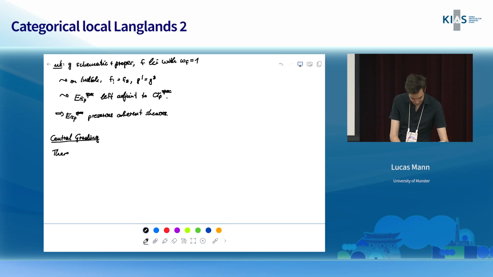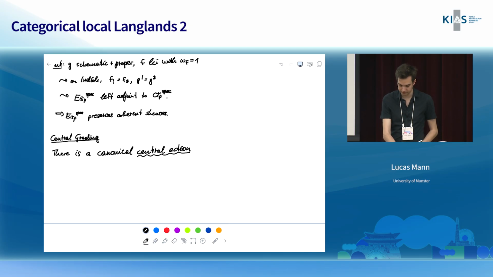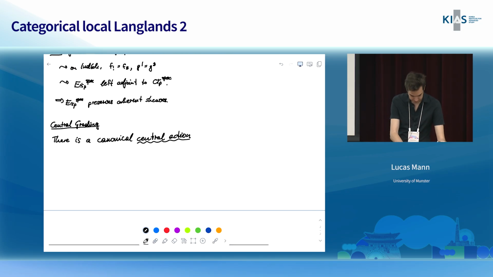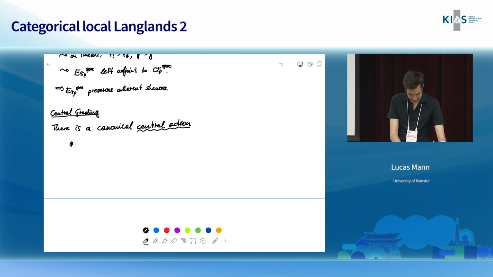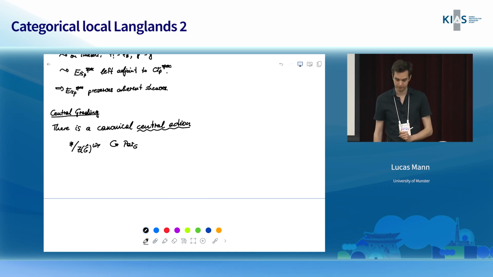There is a canonical central action, so it's an action of the classifying stack of the center of G hat on par G. Okay, so what does this mean?